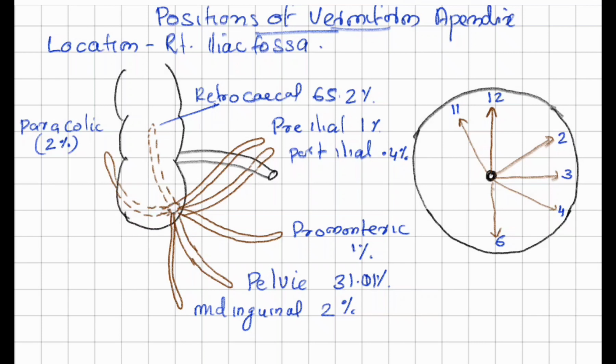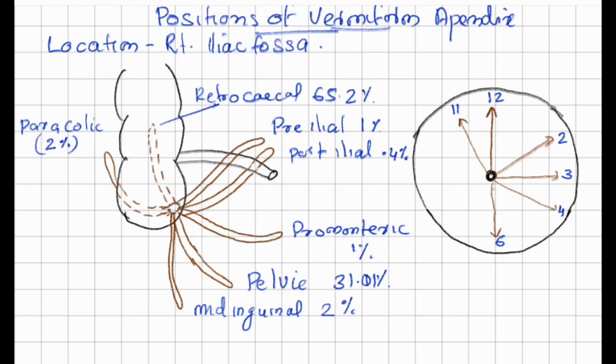Now, the cecum and the vermiform appendix lie in the right iliac fossa. Behind the cecum there is a muscle, the psoas major muscle. So what happens when the vermiform appendix is retrocecal in position? It lies on the psoas major muscle.